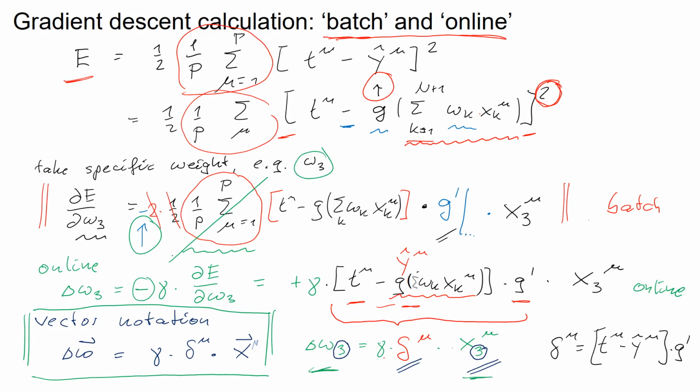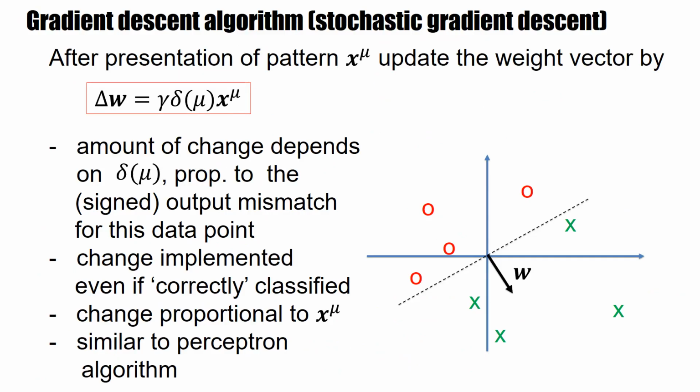So now I have an update rule, which I will write down again. After the presentation of my pattern mu, I update the weight vector by delta W, which is proportional to x mu. And then I have a factor, and the factor delta mu is proportional to the signed output mismatch.